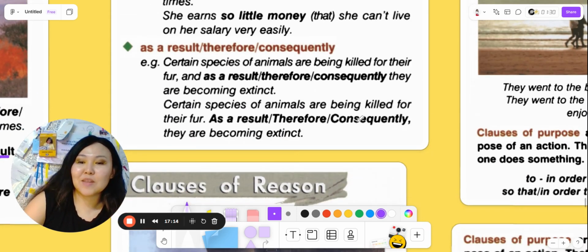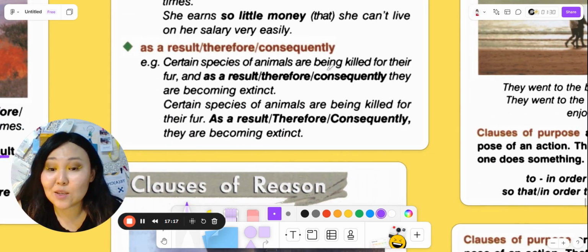And the last one, as a result, therefore, consequently. Certain species of animals are being killed for their fur, and as a result, they are becoming extinct. Also, we can use therefore, consequently: they are becoming extinct. Certain species of animals are being killed for their fur. As a result, therefore, consequently, they are becoming extinct.